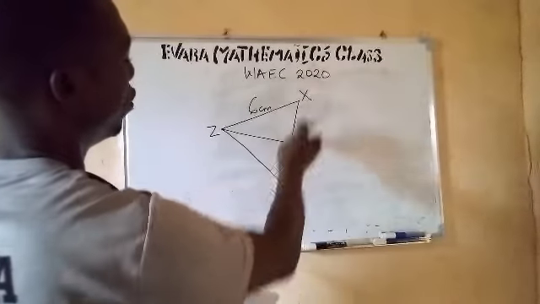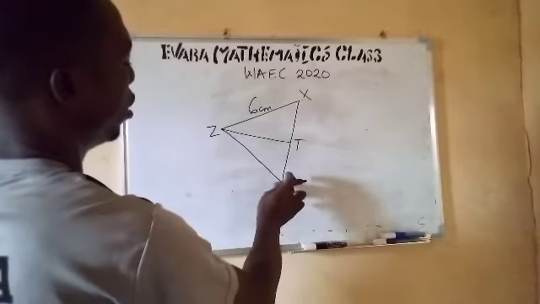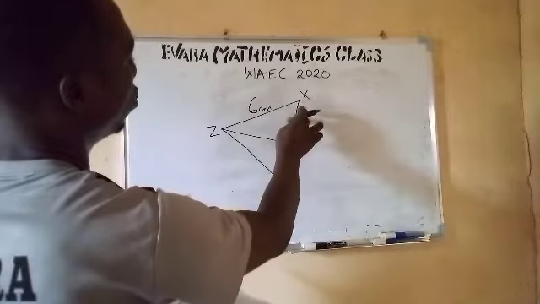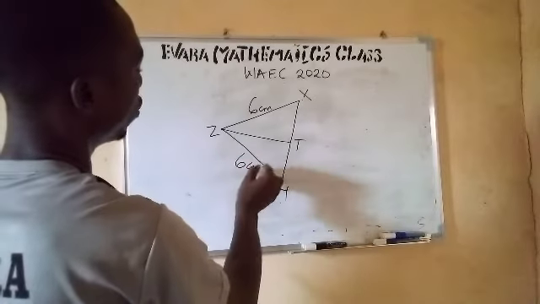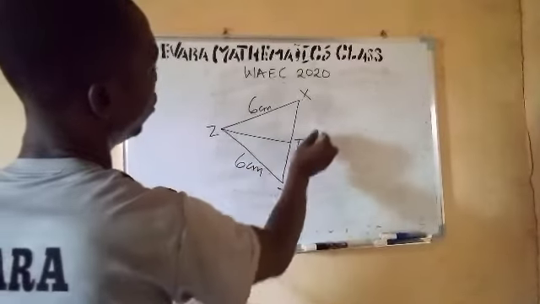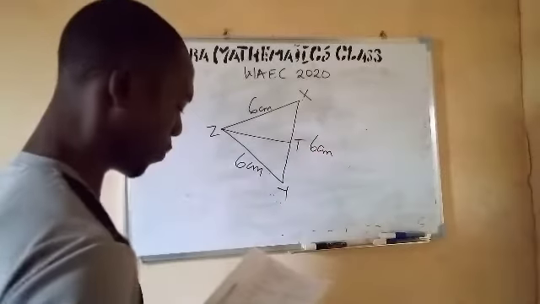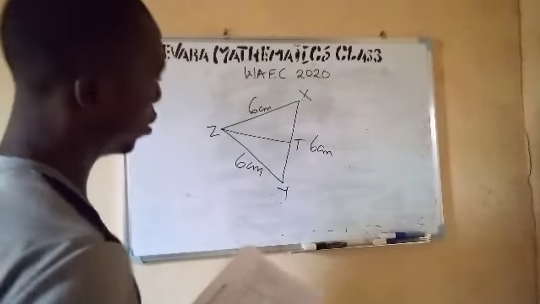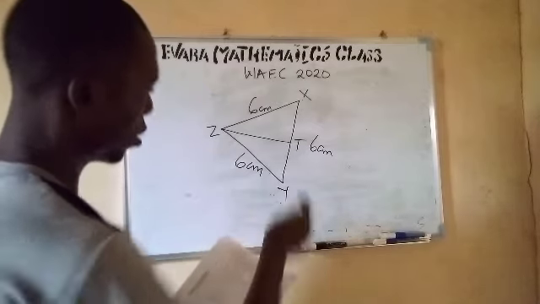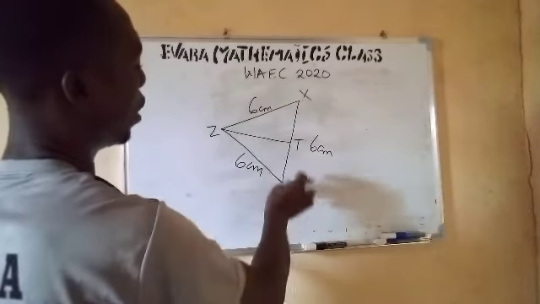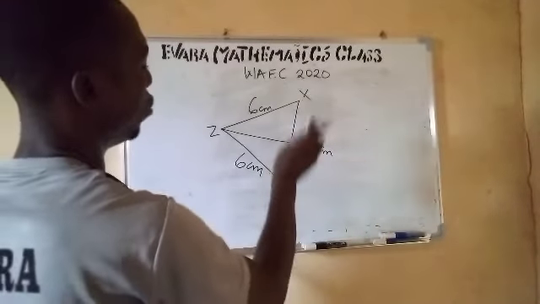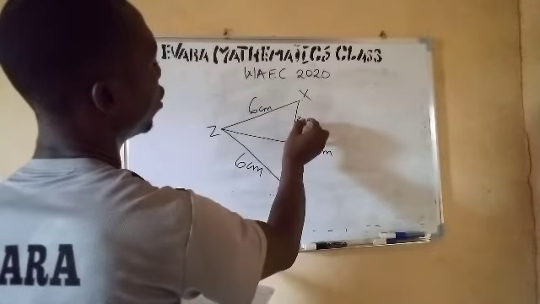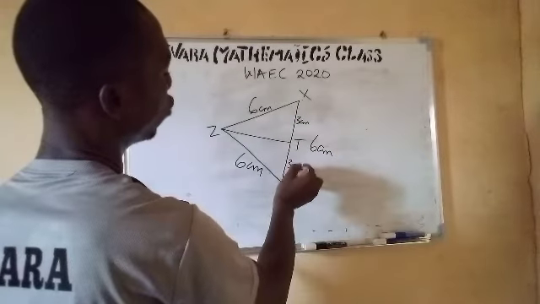Now this is an equilateral triangle, so that means this side will be 6 centimeter, and this side will also be 6 centimeter, since the three sides are equal. And T is the midpoint of X and Y. That means this point divides the line into two, so this part will be 3 centimeter, and this will also be 3 centimeter.